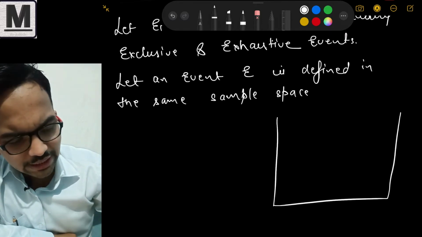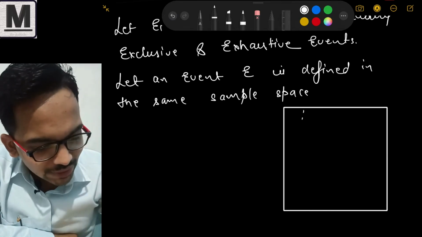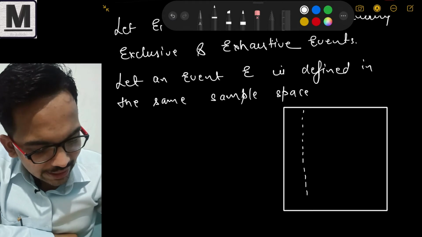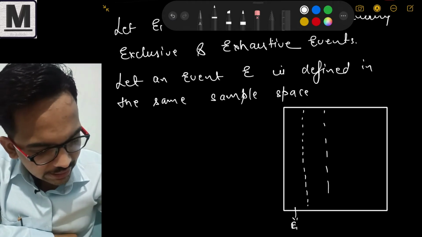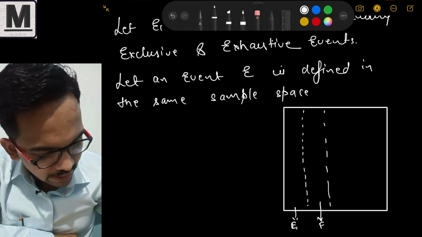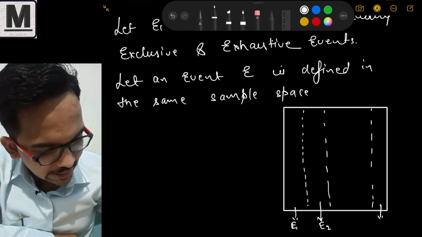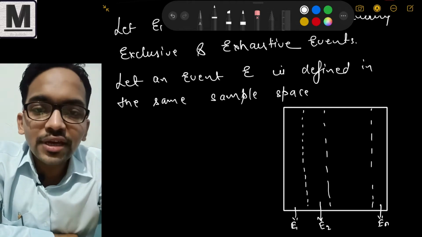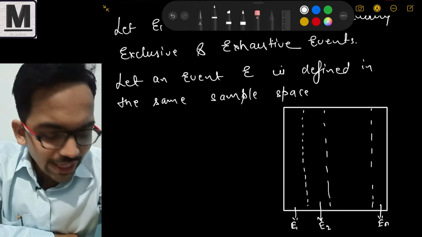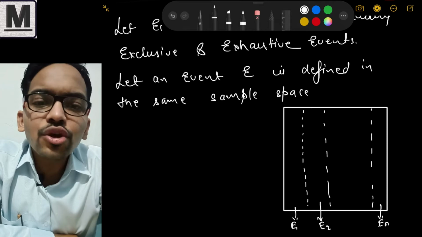Let's picturize it, guys, because picturizing makes things easier. Suppose these are events. This event is E1, this is E2, up to En. As you can see in this figure, none of E1, E2 up to En have any common part.